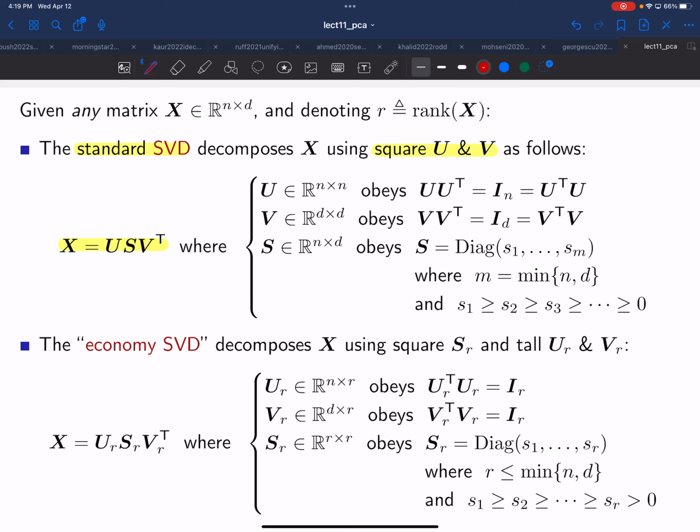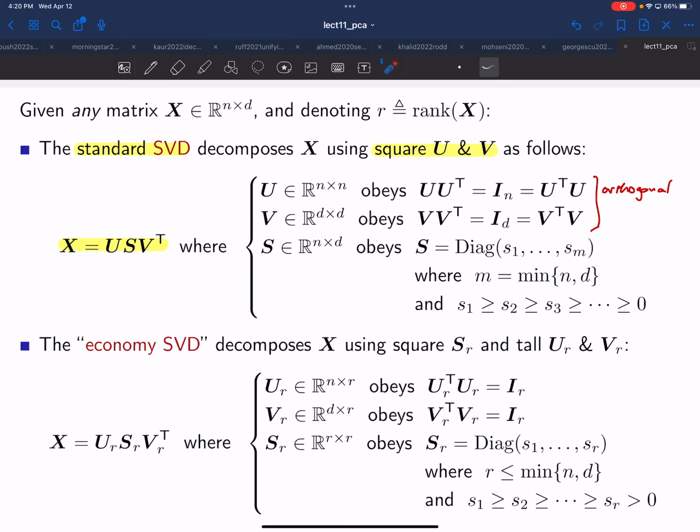Okay, so I'll write orthogonal here. So U and V are orthogonal matrices. So again, orthogonal means every row is orthogonal to every other row. Every column is orthogonal to every other column. All rows are unit norm. All columns are unit norm.